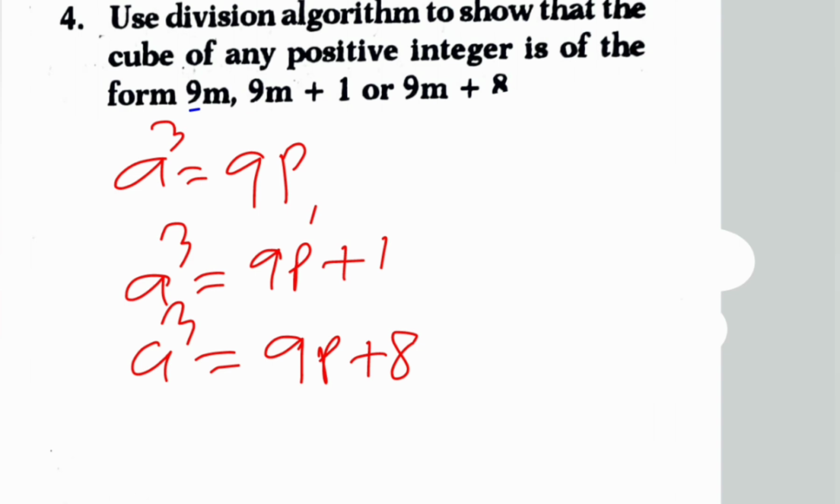So the cube of any positive integer is of the form 9p, 9p plus 1, 9p plus 8. That means 9m, 9m plus 1, 9m plus 8.